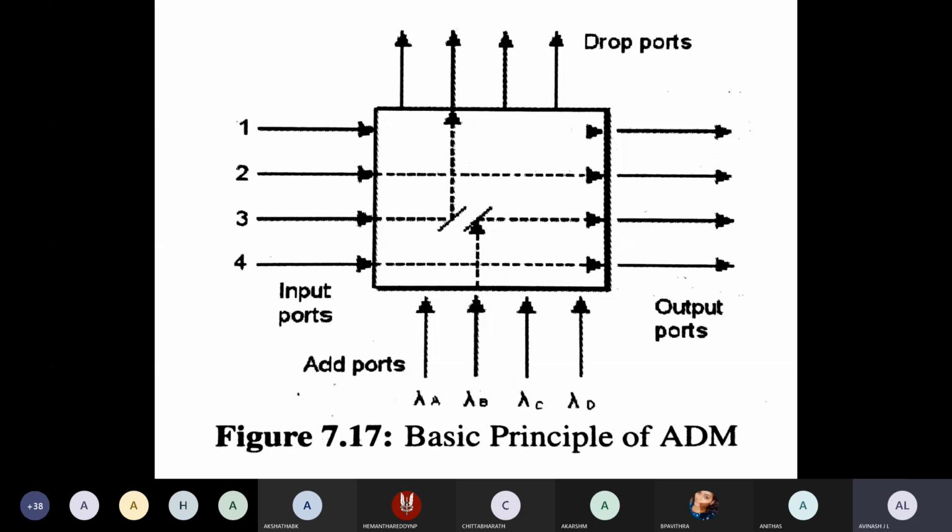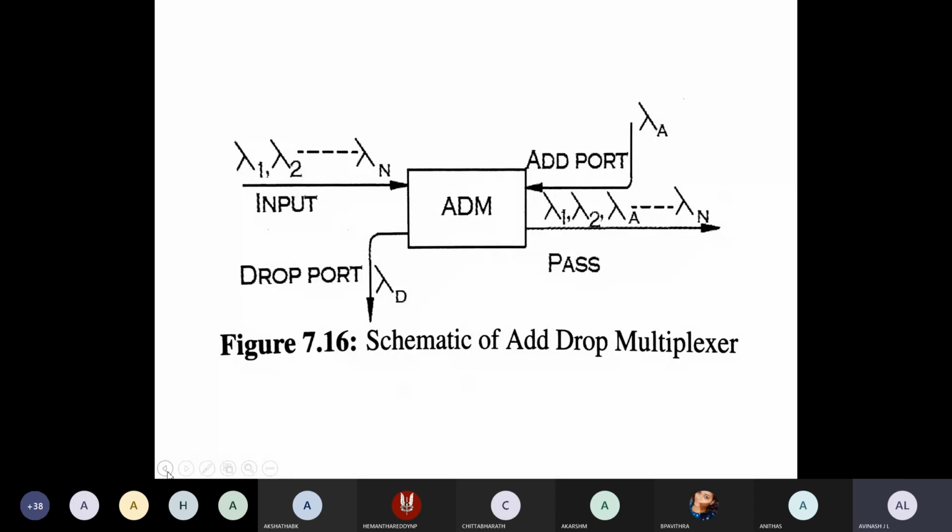Please take this particular diagram. Once you have taken it, we can move to the next thing, the schematic.